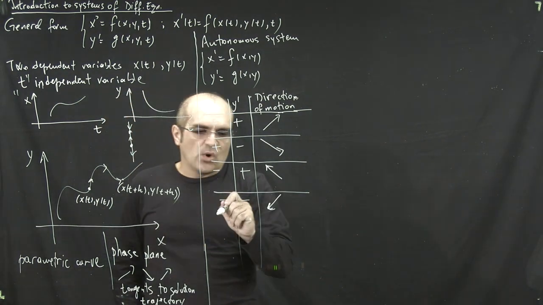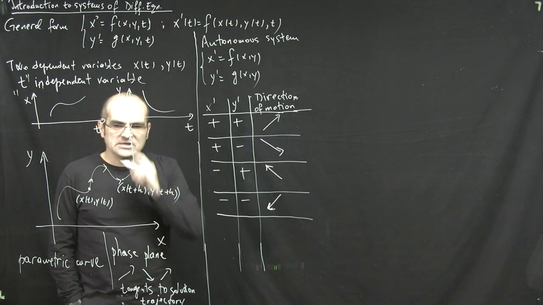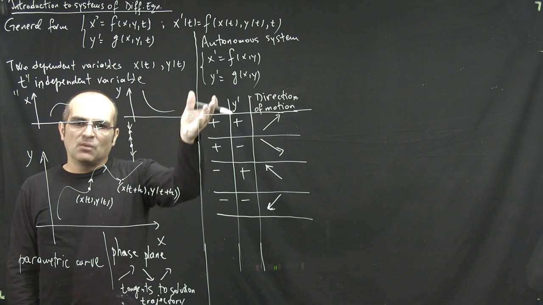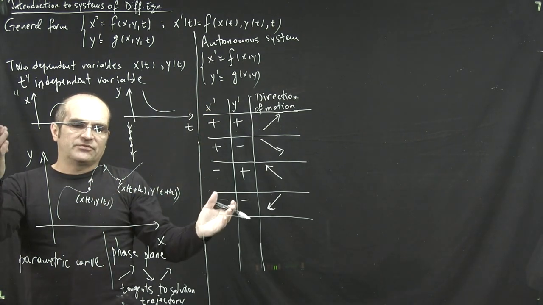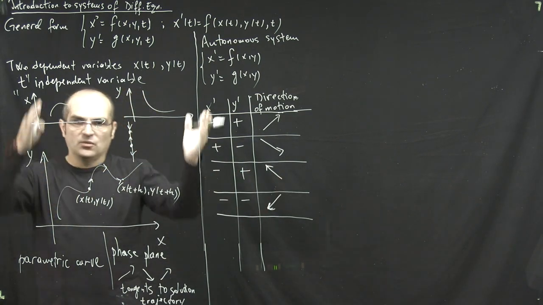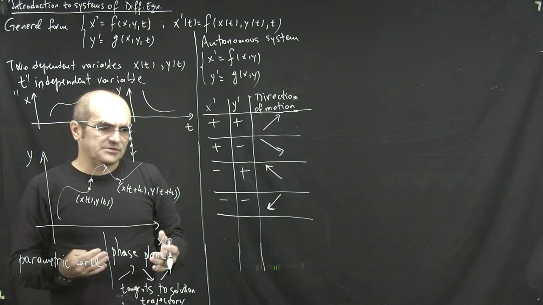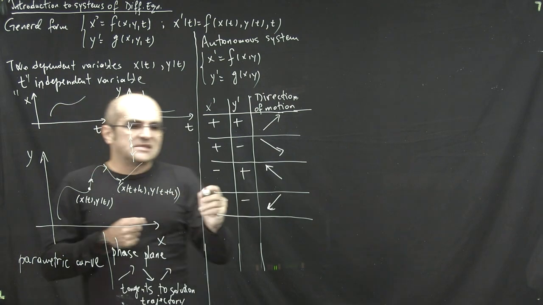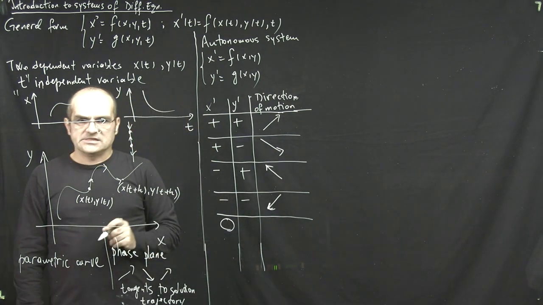Of particular importance is when these derivatives are equal to 0, because you will see later that when the derivative is 0, that gives you a borderline in the phase plane between two different signs of the derivative, plus or minus. So when it's 0, that's like a separation boundary between these two regions. So for example, what does it tell me if I know that x prime is precisely 0?